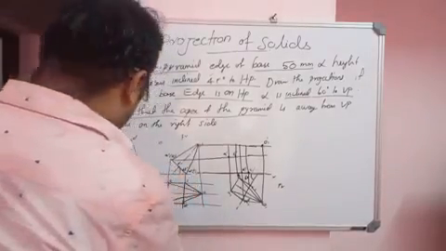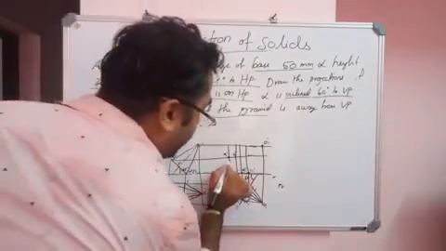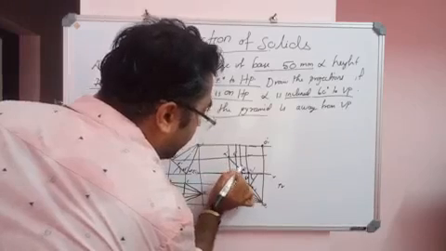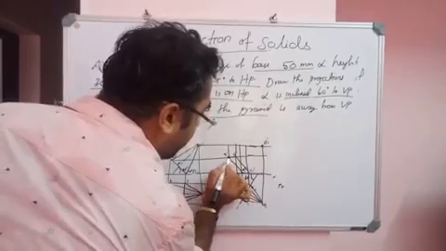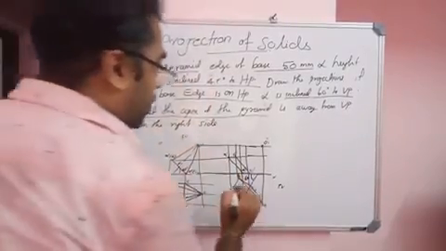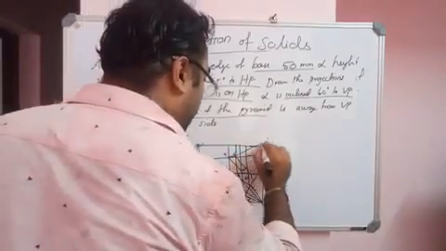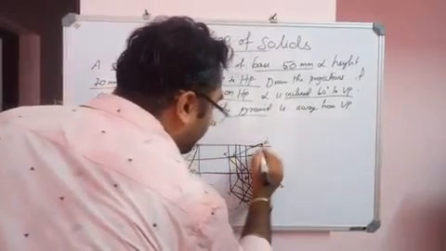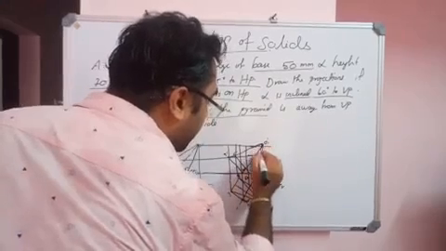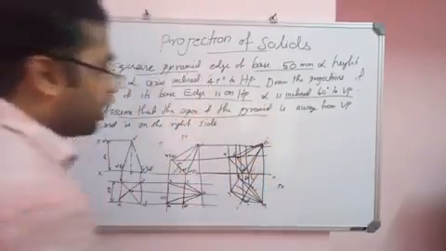Now you can see A to D the line is there, so I'm drawing it like this. Right. Now I'm drawing all the points to the O point, like this.